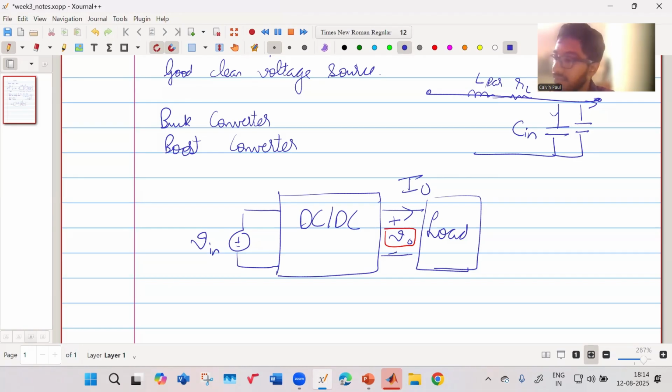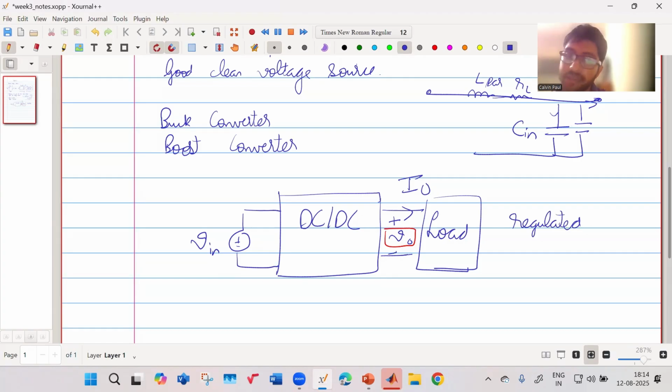It will be regulated. Regulation means you have some fixed value, say 5 volt, 3.3 volt, 1 volt, and you want to maintain that voltage fixed. So that is your one objective.